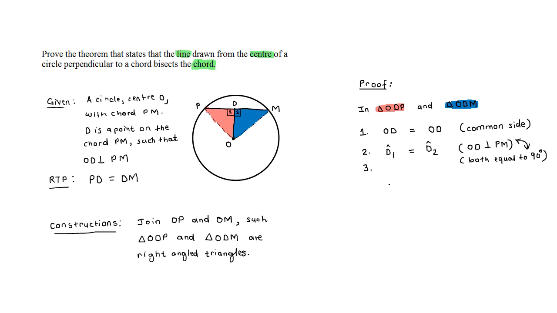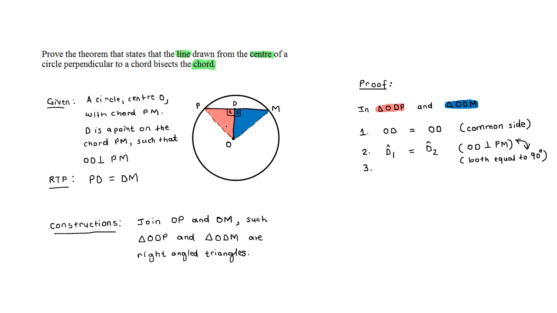Okay, what's the last thing that we need to do? Right, because we have a 90 degrees in our reasons, we obviously have to see that this is going to be the condition of congruency of right angle, hypotenuse, and side. Right, so we have the right angle, we have a side. We now need to look at the hypotenuse of these two right angle triangles. Right, are these two hypotenuses actually equal to each other?